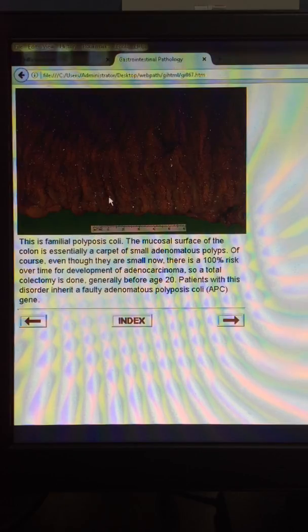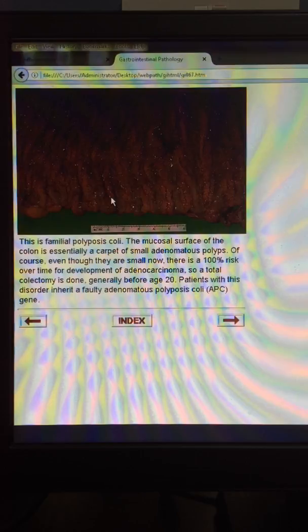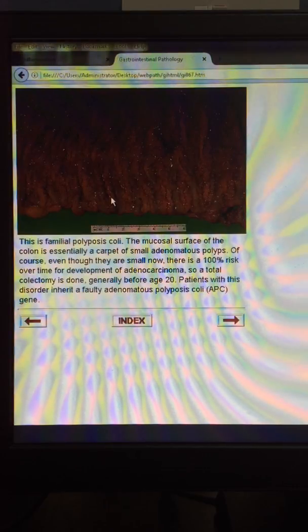Familial means it is an inherited disease running in families, and adenomatous because it leads to formation of colon adenomas which undergo malignant transformation into colon adenocarcinomas, and polyposis due to the large number of polyps present at the time of diagnosis.